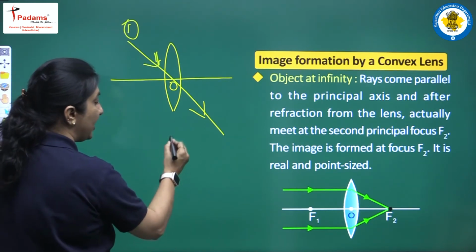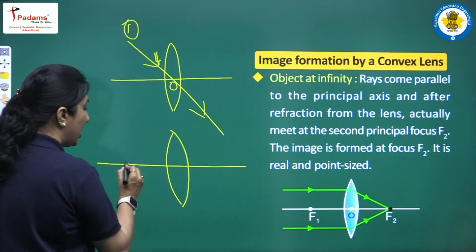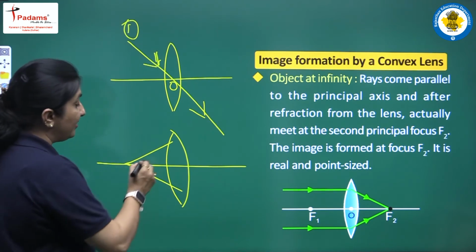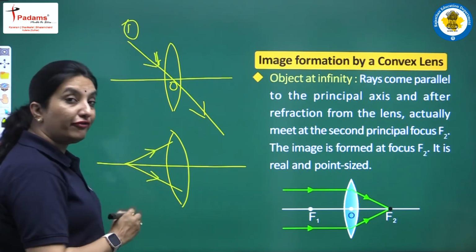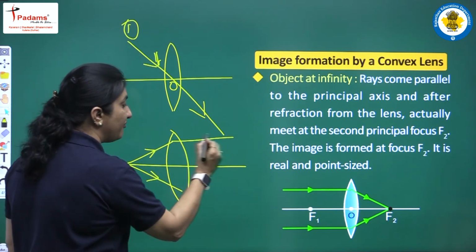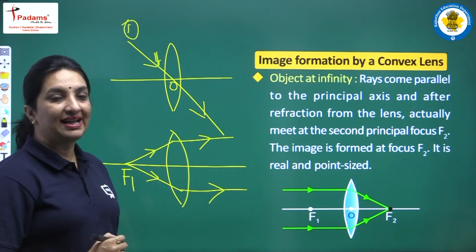Now in order to take the third type of rays, we can take the rays which are coming from the focus, say F1, and as we know, after refraction they will move out parallel to the principal axis.